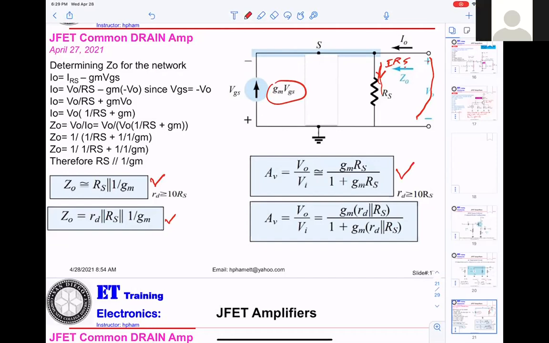Mr. Pham. Yeah. Can you explain the part about the current? I don't quite understand why it is IRS minus gm VGS. They look like they're in the same direction, aren't they? You see it right here. This point here is positive. The current here is gm VGS, right? Yeah.